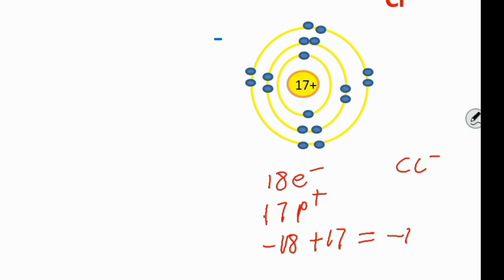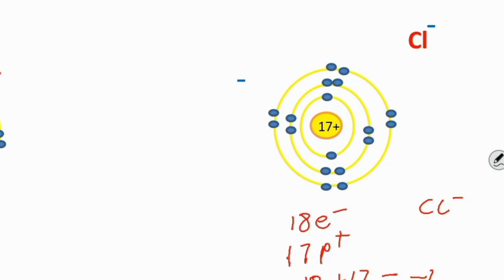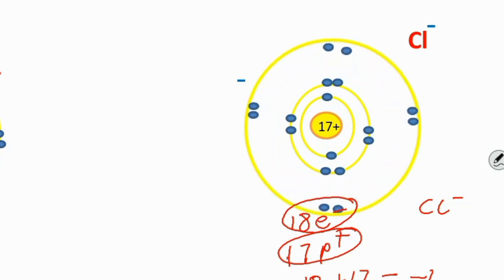And remember that because the number of electrons, which is minus 18, is now greater than the nuclear charge, there will be an electron pull that overcomes the nuclear charge. Which means the ion becomes bigger. Why is it bigger? Because the charge of the electrons is now greater than the nuclear charge.